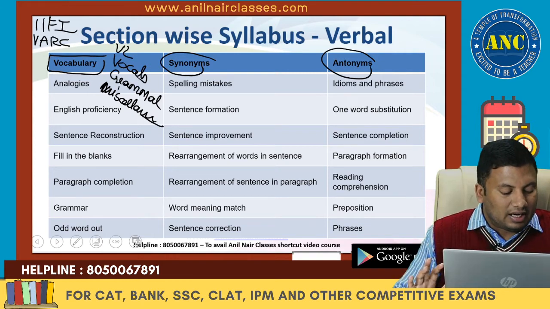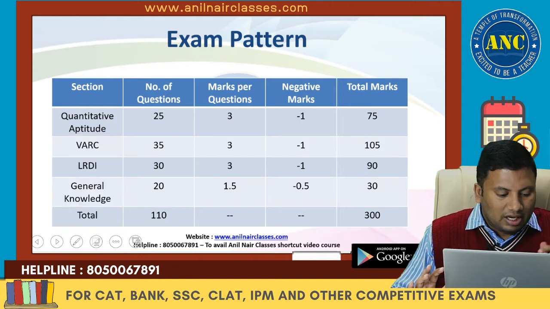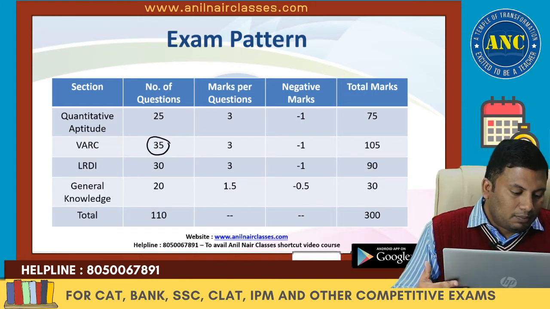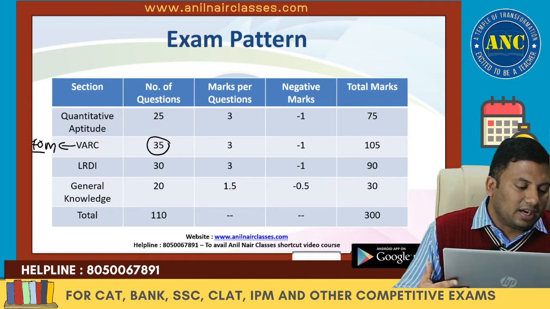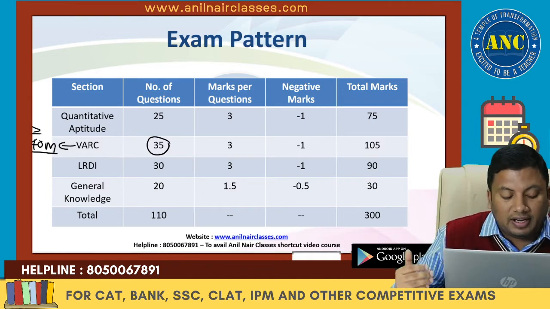In VA and RC, if you see, 35 questions are there. Ideally, your minimum sectional cutoff, you should try to chase anywhere greater than or equivalent to 40 marks to ensure that you will definitely get a call.